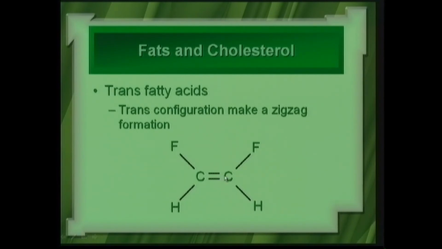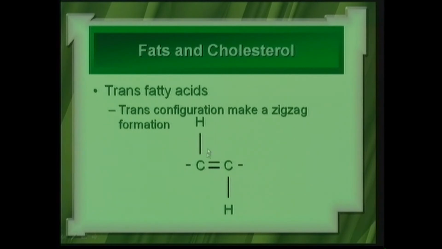Because you have a double bond, you can't have a rotation. So in the cis configuration, you have the hydrogens on one side. When you have a trans configuration, you have them on opposite sides. That makes a zigzag in the molecule that also allows the molecule to nestle closer to other molecules with the same configuration.